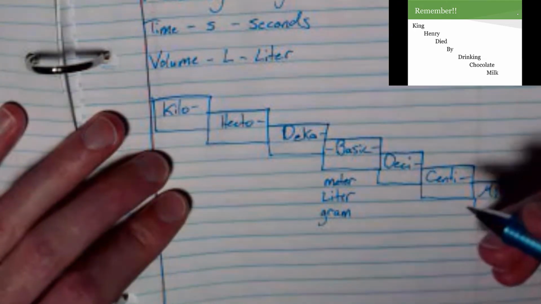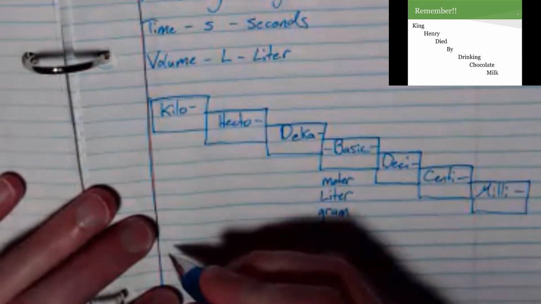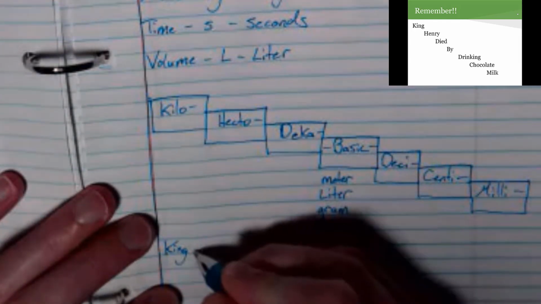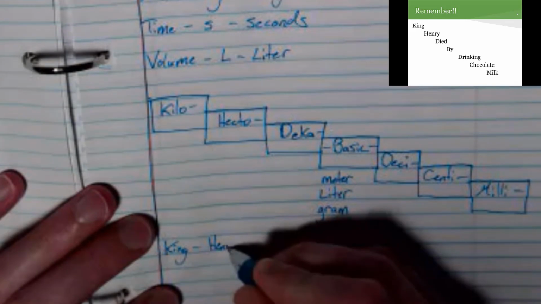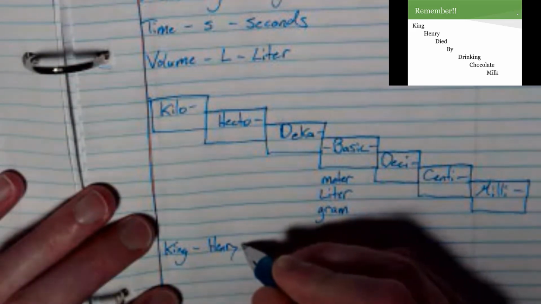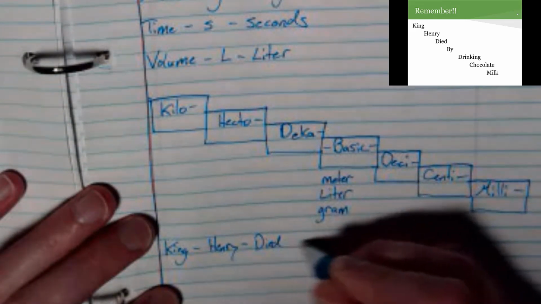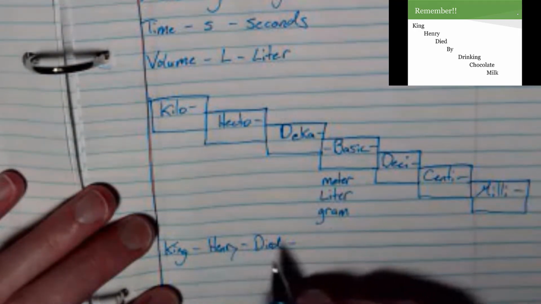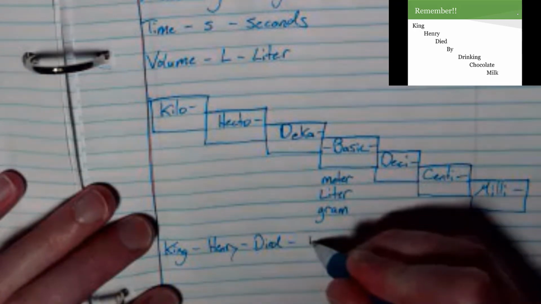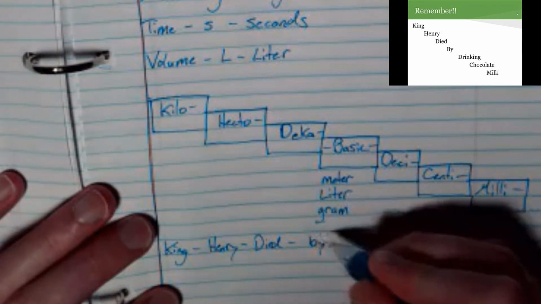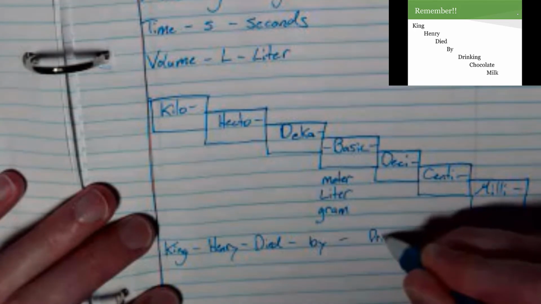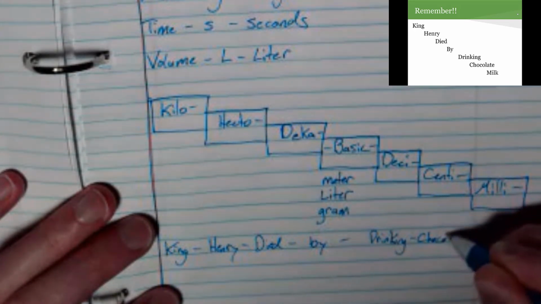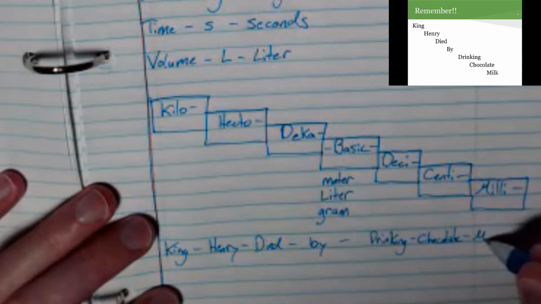So we could call this King Henry died by drinking chocolate milk.